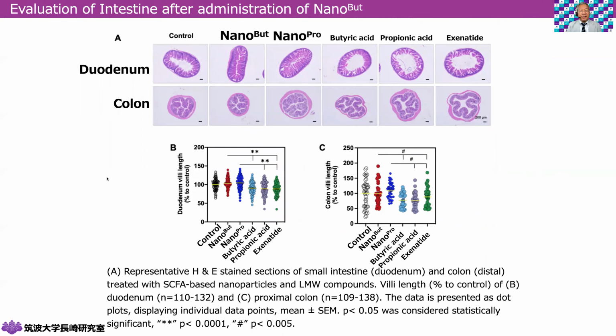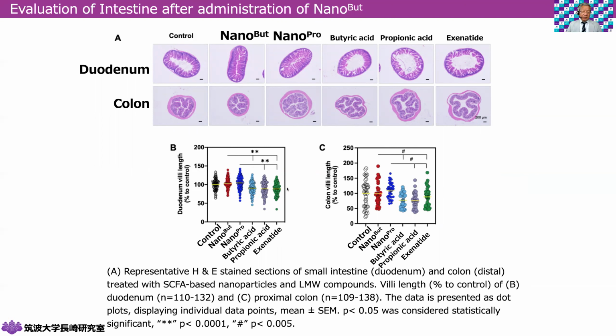So this is damage of intestine. As you know, inflammation or damage of intestine decreases the length of villi, so we confirm the villi length. Like this is duodenum and colon. As compared to the nanobutyric acid or nanopropionic acid, the low molecular weight butyric acid, propionic acid decrease the villi length.